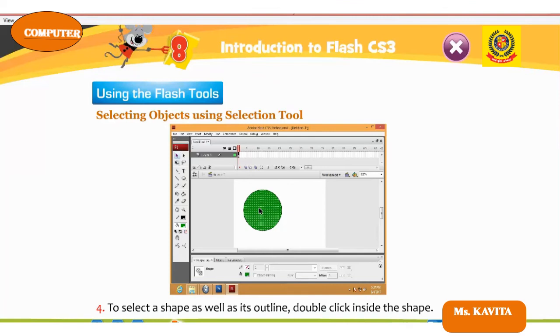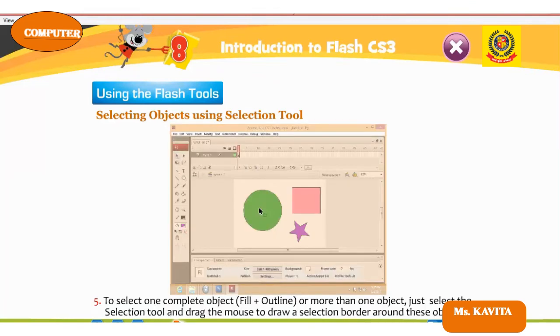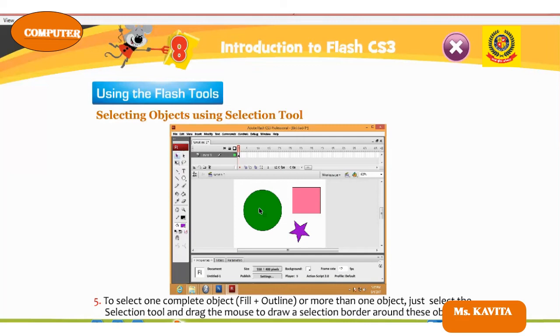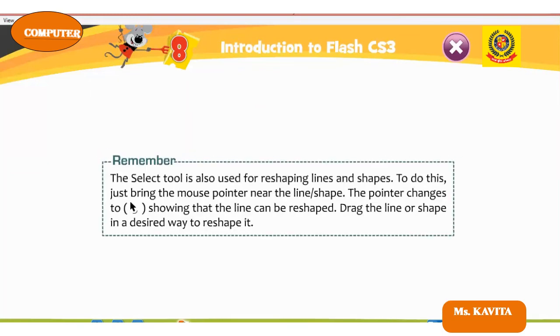To select a shape as well as its outline, double click inside the shape. To select one complete object, fill plus outline, or more than one object, just select selection tool and drag the mouse to a selection border around these objects.